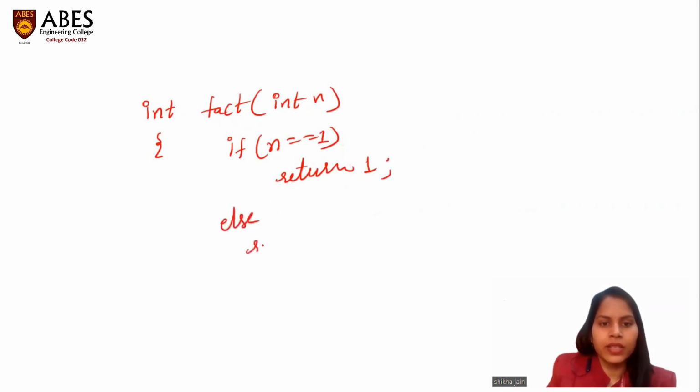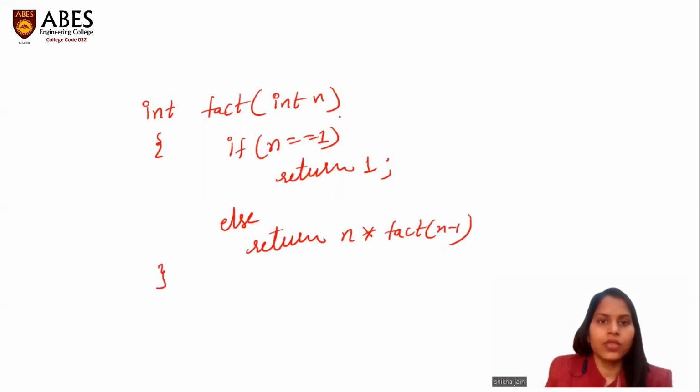Else it returns n into fact(n minus 1). This is the recursive case, right? So this is how we think of the recursive case and the base case or stop condition. When n equals 1, the recursion will stop.